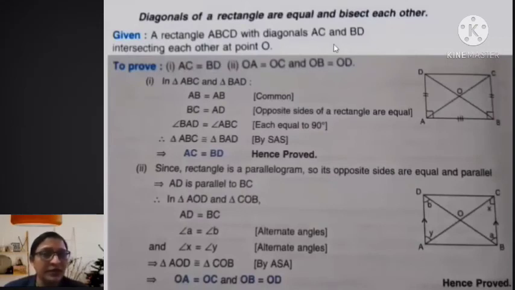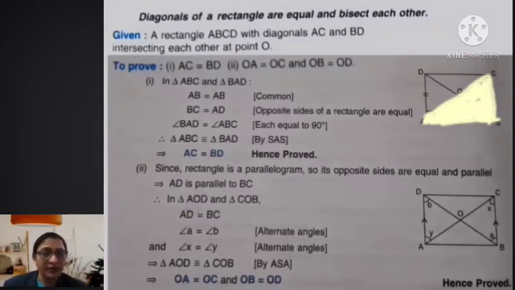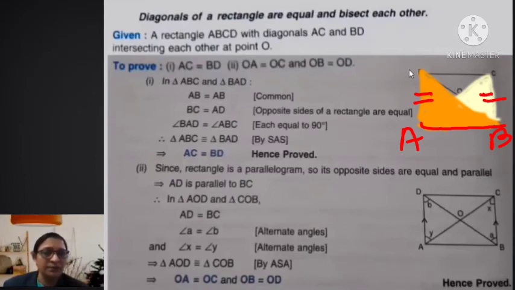So given is the rectangle ABCD with the two diagonals AC and BD, which are intersecting at the point O. This forms the two triangles, triangle ABC and triangle BAD, where the side AB is a common side. Side BC equals side AD, which are opposite sides of the rectangle and so are equal.